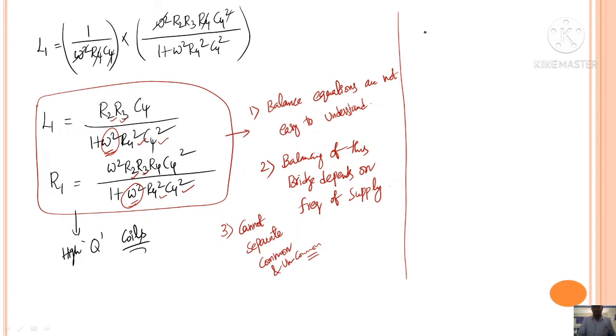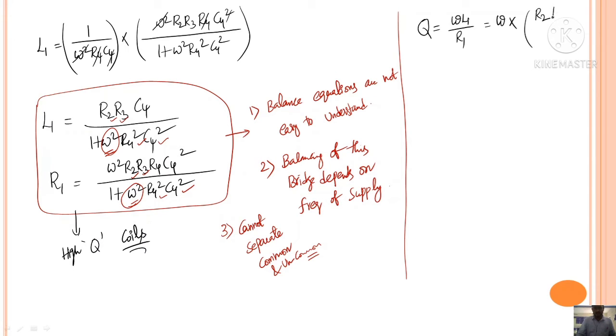See here, what is quality factor for the test coil? It is omega L1 by R1. If you take the ratio of L1 by R1, denominators will get cancelled, right? So omega into L1 by R1. What about the numerators?